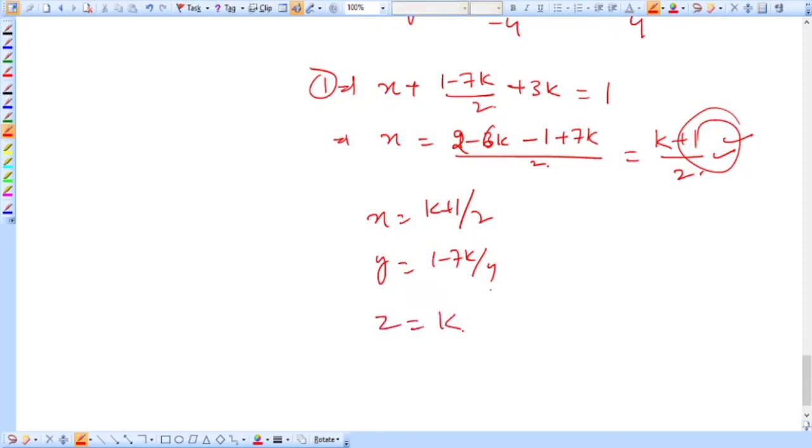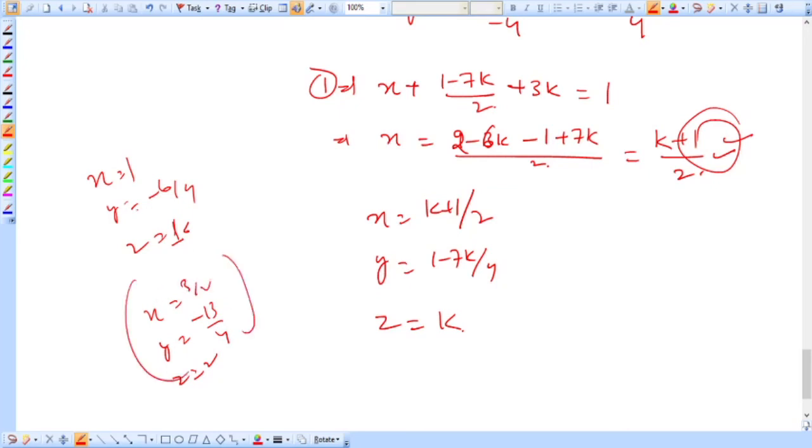So if you take k is equal to 1, we get x is equal to 1, y is equal to minus 6 by 4 and z is equal to 1, right? So this is one of the many solutions. If you set z is equal to 2, y would be equal to minus 13 by 4 and x would be equal to 3 by 2. So this is the second solution.